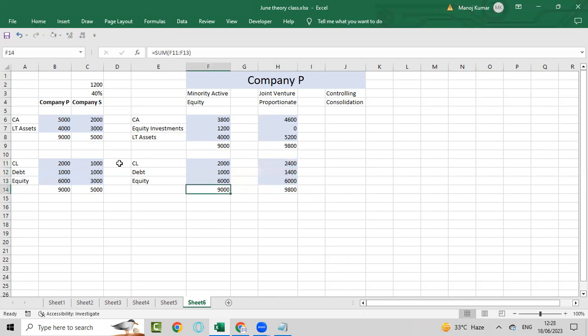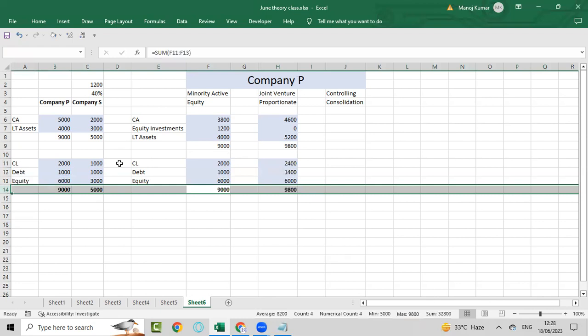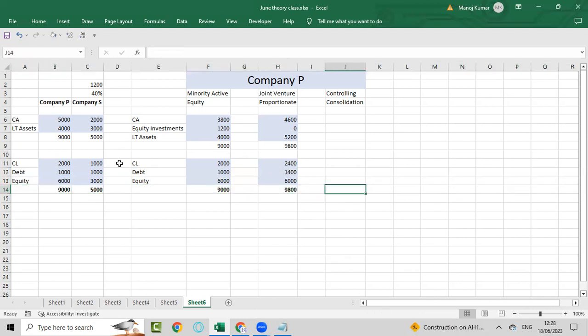Okay. Now, finally, controlling. What do we do now? This minus 1,200 plus all the assets equals this plus this, all the assets. Is it clear till now?